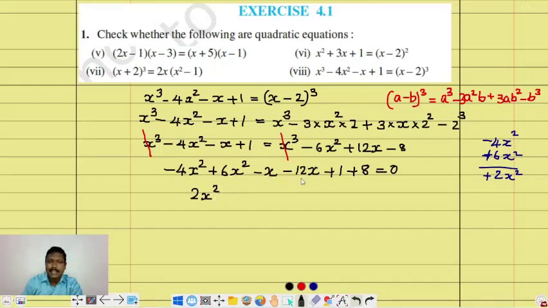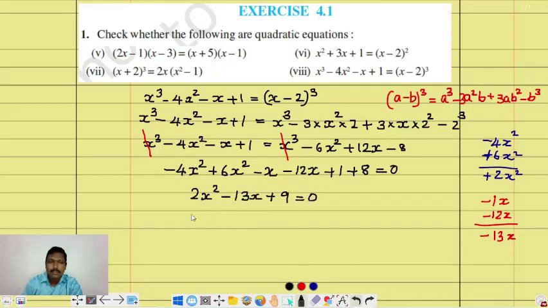Now minus x minus 12x. See, minus 1x and minus 12x, both are negative sign, so you can write minus 13x. So the answer will be here minus 13x. Now plus 1 plus 8 will be how much? Plus 9 is equal to 0.